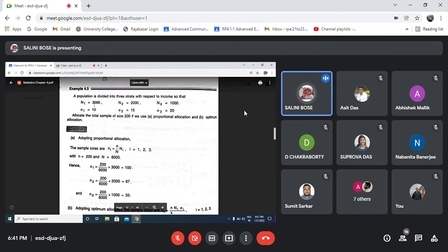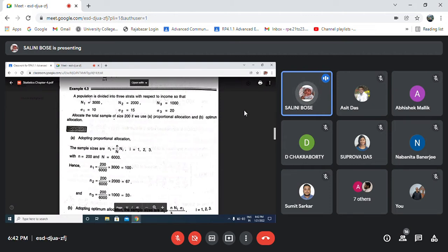So N1, N2, N3 are all for individual strata. There are three strata, so our total population size will be N1 plus N2 plus N3, that is 6000. Clear?